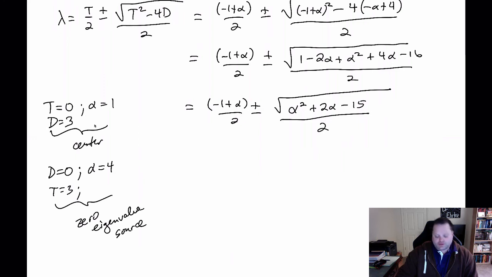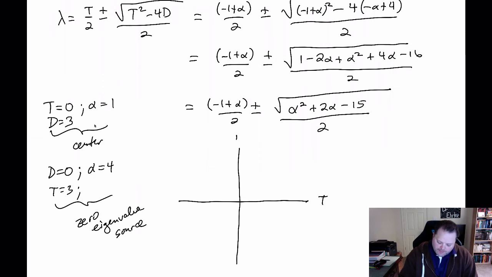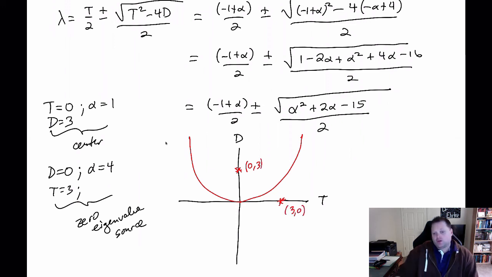The reason those 2 points are important is that for this problem, if this were my trace determinant plane, and this is my critical polynomial, then right here I'm a center, and right here is where that 0 eigenvalue solution is. So this is 0, 3, and this is 3, 0.